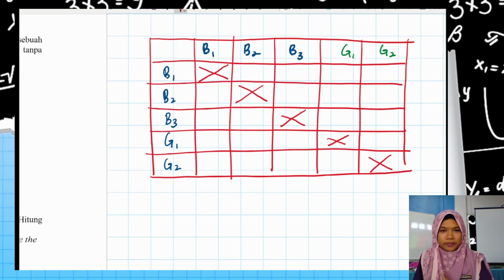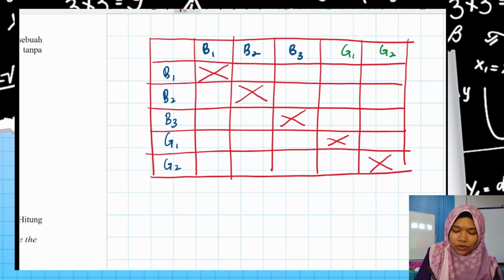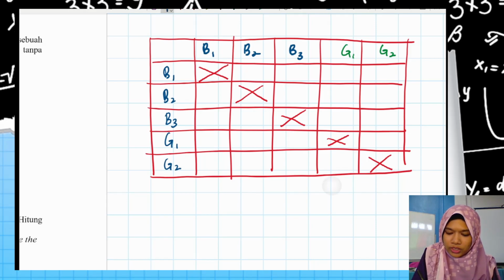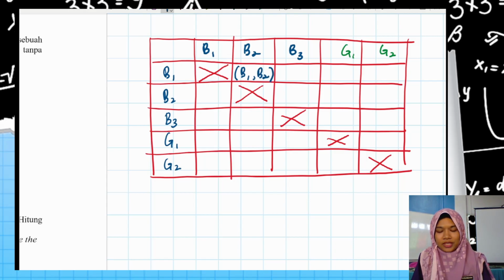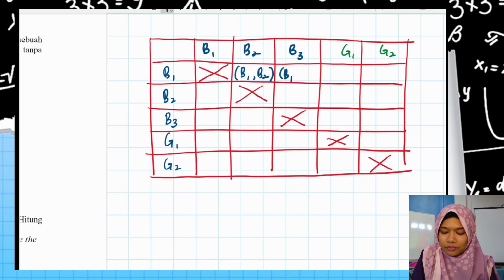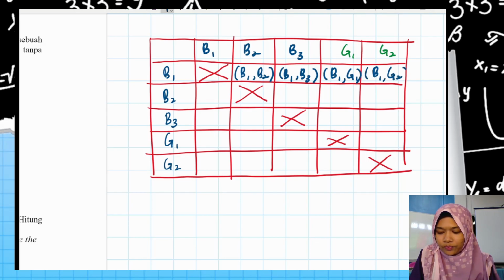Then you write the combination of row and column. So here will be B1, B2. This one will be B1, B3. Here will be B1, G1. And here will be B1, G2.